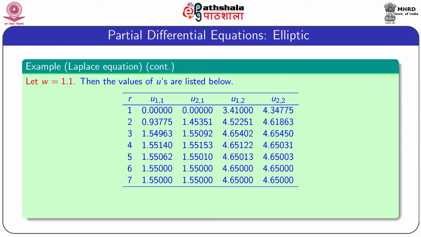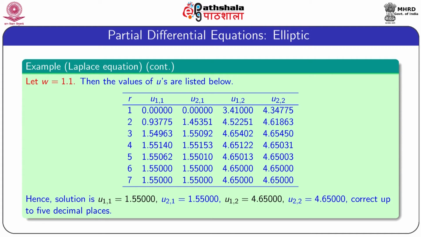Note that these values converge at the 7th iteration. And finally the solution is U11 equal to 1.55000, U21 is also 1.55000, U12 equal to 4.65000 and U22 equal to 4.65000, correct up to 5 decimal places.